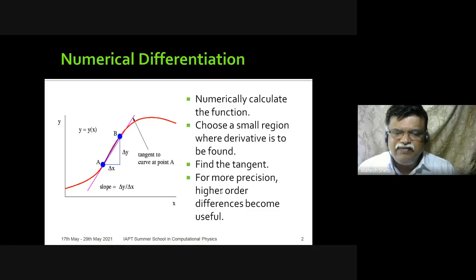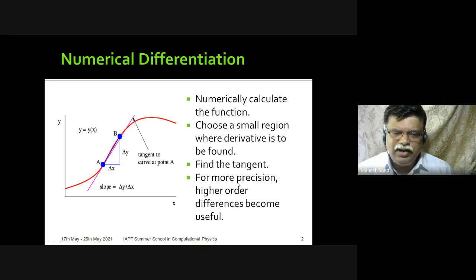When you find the differences of those delta y's at regular intervals, that is delta 2y, the second difference. Similarly, you can find the differences of delta 2y and call it the third difference, or delta 3y. These things become useful, but we'll talk about them a bit later, whenever we need them.